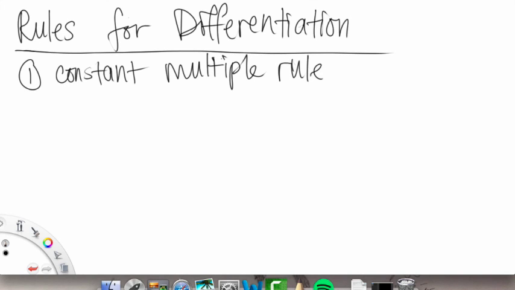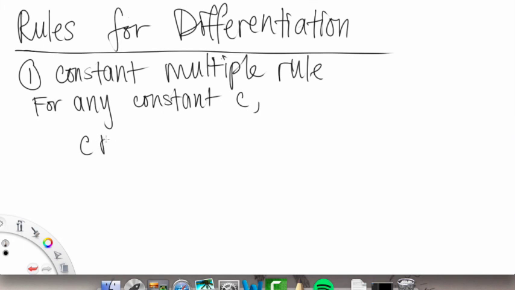What this is saying is basically for any constant c, and a constant again is just a number, then this is true: c times r of t, prime.